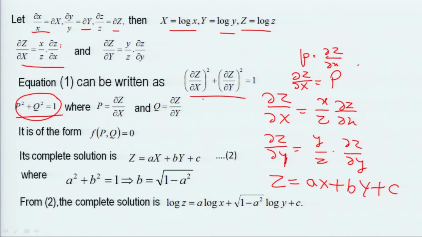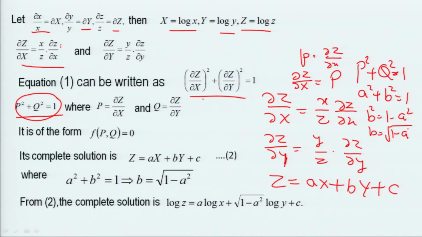From p square plus q square is equal to 1, putting p equal to a and q equal to b, we get b square is equal to 1 minus a square, and b is equal to under root 1 minus a square. Put here a capital X plus under root 1 minus a square capital Y plus c.